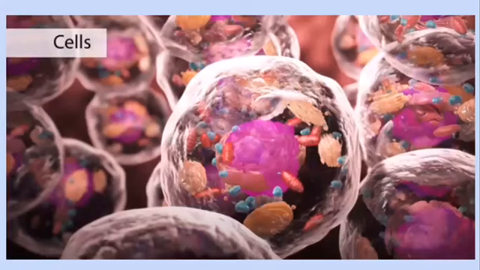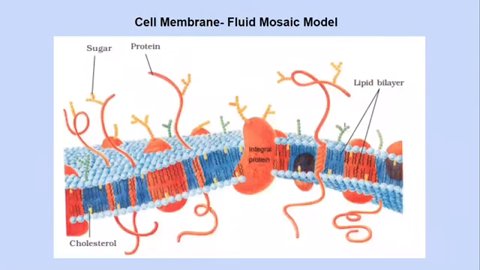This is a cell structure. It is clearly visible. I have got 3D structures for you so that you can actually understand about the cells. We all know that cells are the smallest living units of an organism. This is a cell membrane structure which is said to have a fluid mosaic structure, also known as the fluid mosaic model.